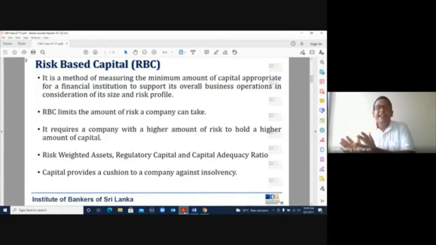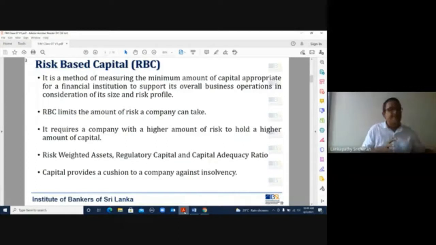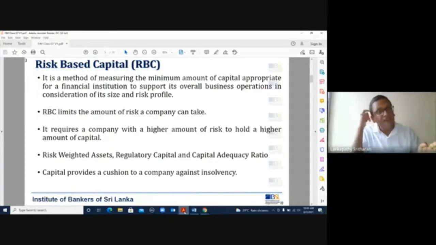So the Basel Committee says that whenever a bank is involved with riskier businesses, it must keep more capital, and bank A, which is involved with less risky customers, should maintain comparably less capital for its businesses. This is the underlying reason. So based on a formula, they calculate the risk weighted assets.